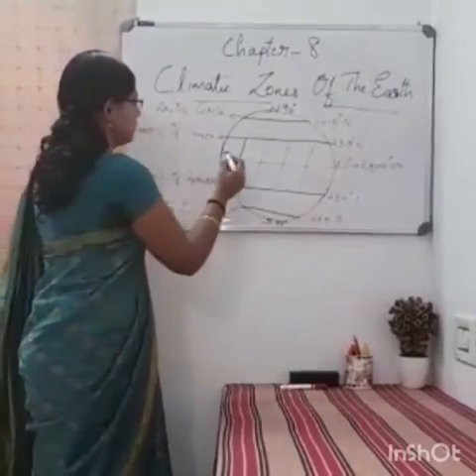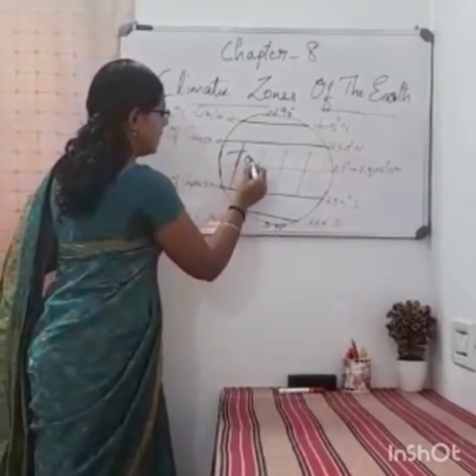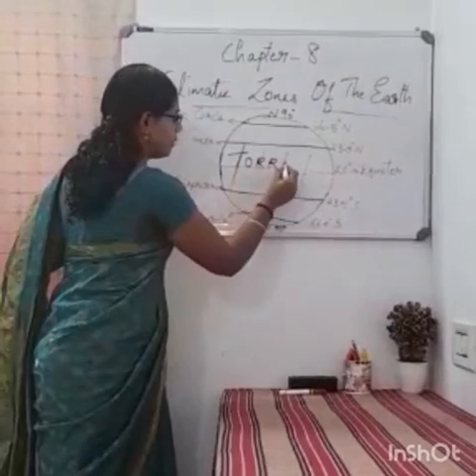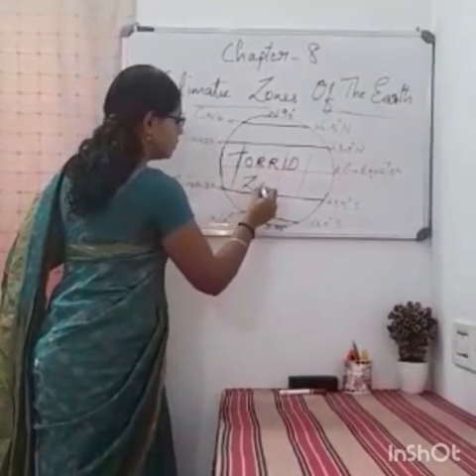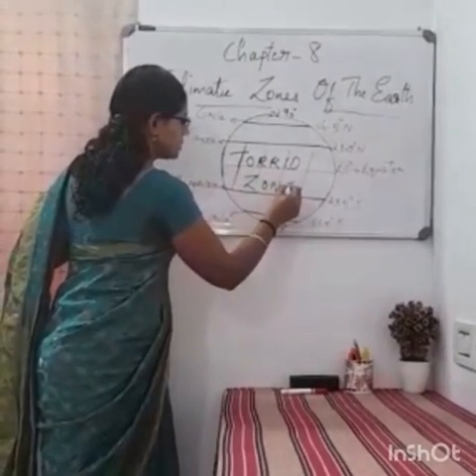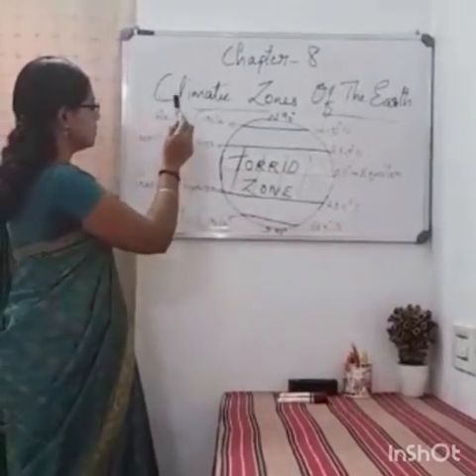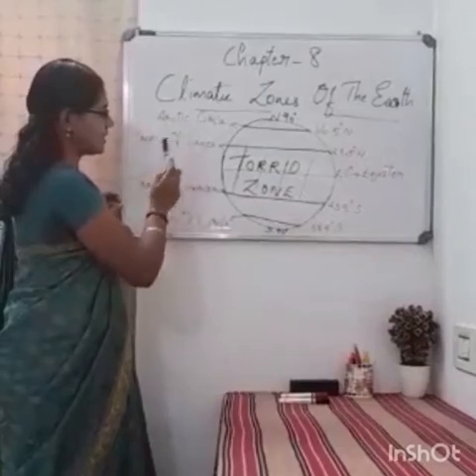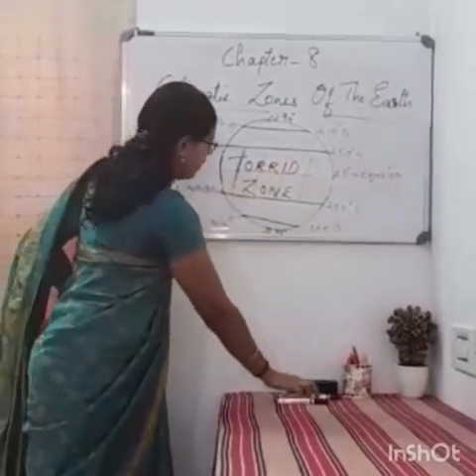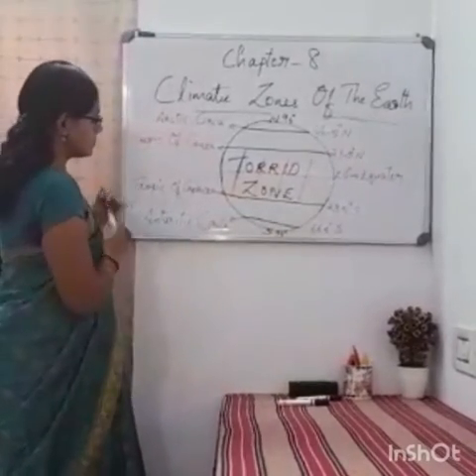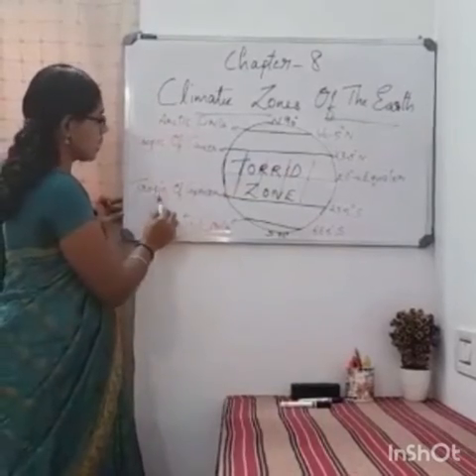The zone between Tropic of Cancer and Tropic of Capricorn, we have Torrid Zone.